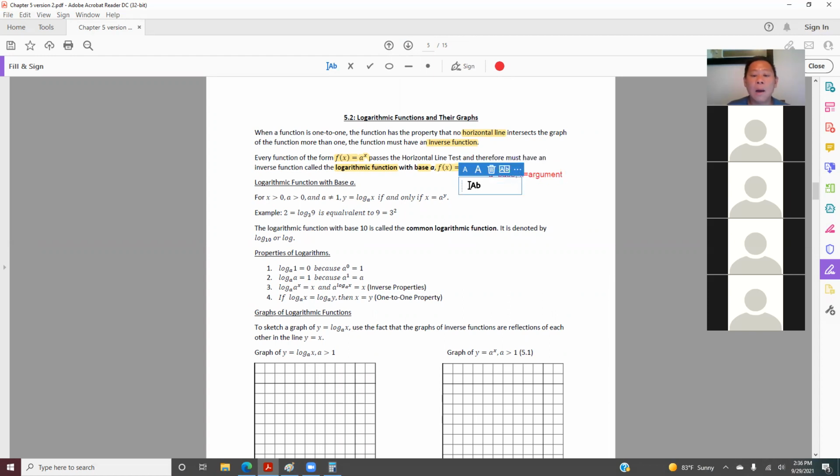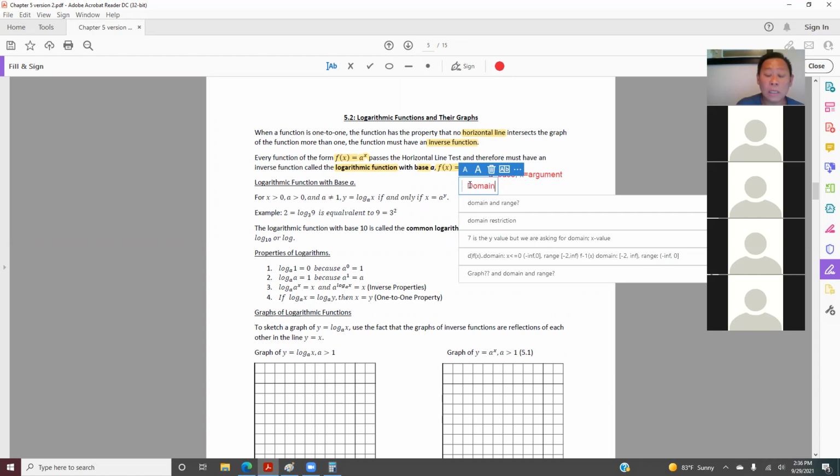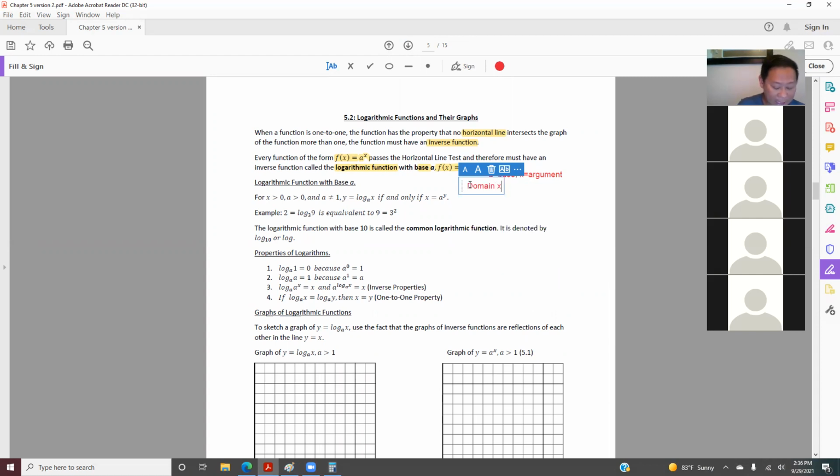Now if you have a log function, your domain is x has to be greater than 0. When you have a log function, the domain is always whatever is inside your argument has to be greater than 0.